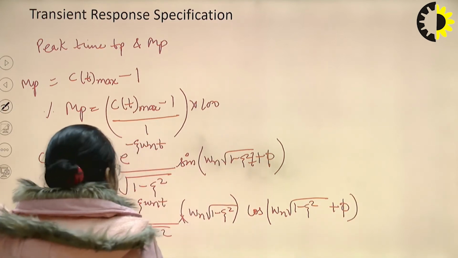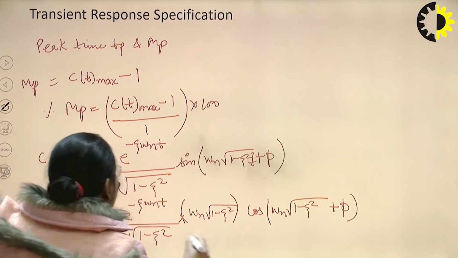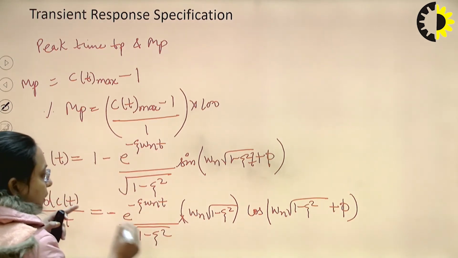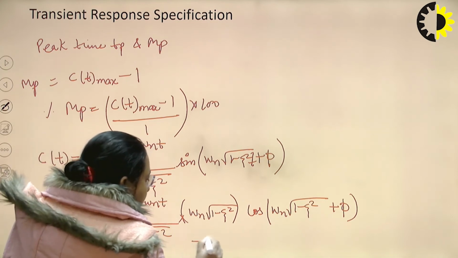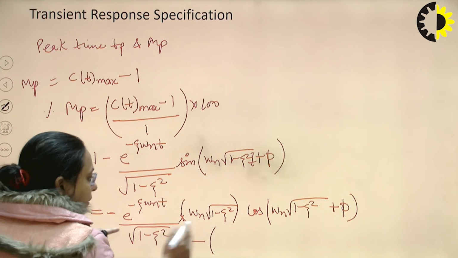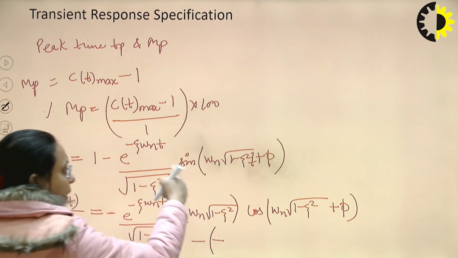Plus, there is already a minus sign we have here, so again a minus sign for this and a minus sign for the formula.